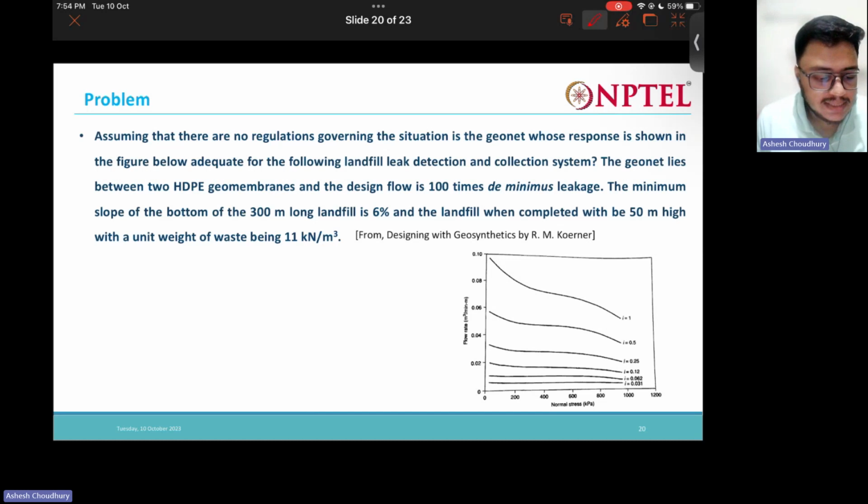Since geomembranes are not impermeable, they will allow some transmission of waste constituents by means such as vapor permeation or by small imperfections. Vapor permeation we will see next class. The actual level of de minimis leakage is approximately 10 liter per hectare per day.